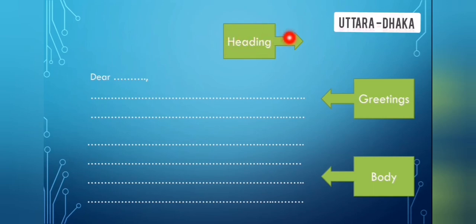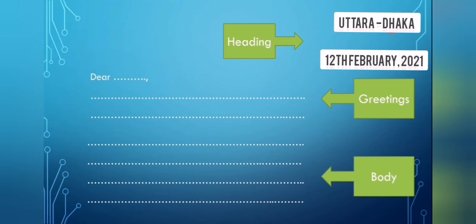This is Mr. Heading. It is your address and then the date. This way you have to write the date by putting a comma after the month's name and before the year's name. Then this is the greeting part.